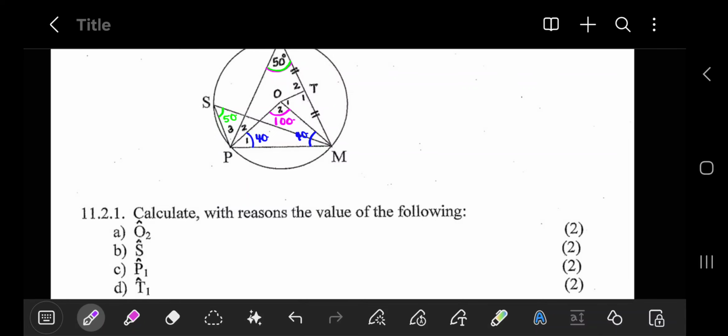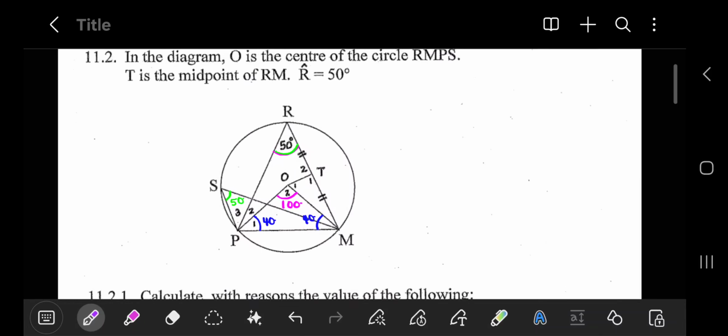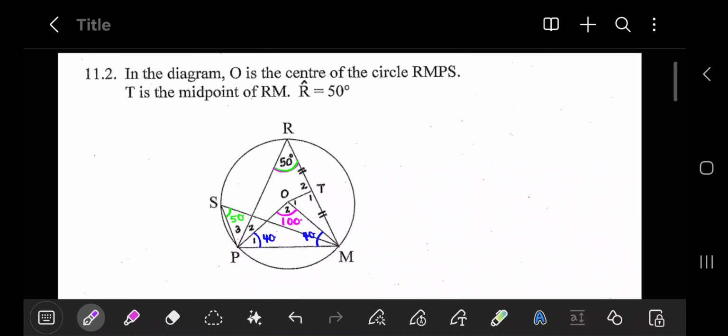Next, we need angle T1. Now, we've already mentioned this. Actually, at the start, we mentioned that the chord RM was bisected, and they told you that T is the midpoint. This should remind you of the first theorem that says when a line is drawn from the center of the circle and it bisects the chord, it has to be perpendicular to the chord.